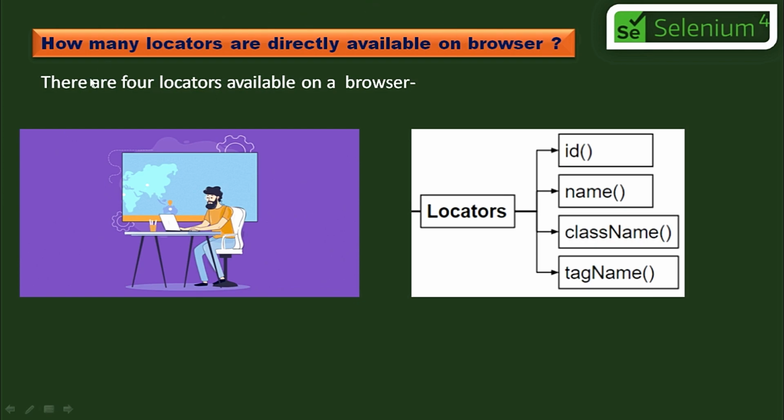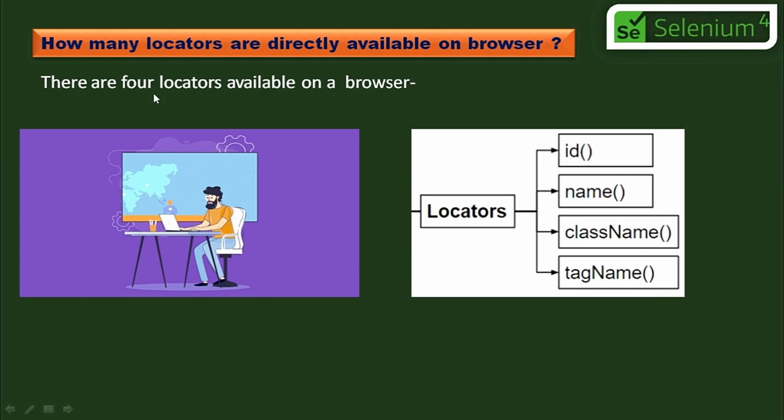This is a very interesting thing. How many locators are directly available on the browser? In Selenium WebDriver we have a total of 8 locators, but they are divided into two kinds: one is the original ones and one is the derived ones. Now, how many locators are directly available?